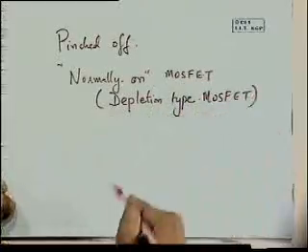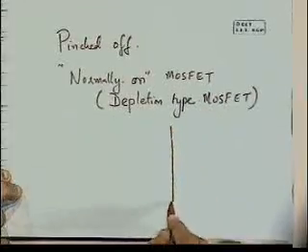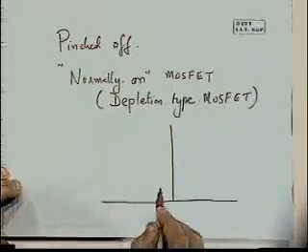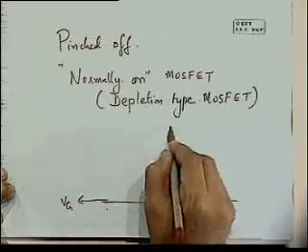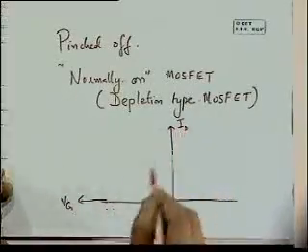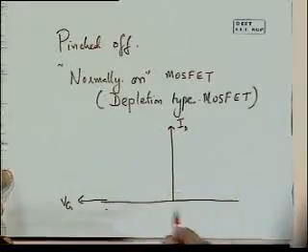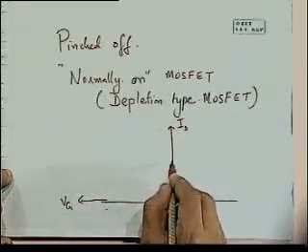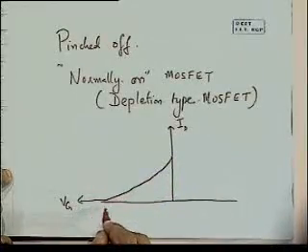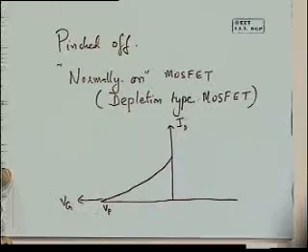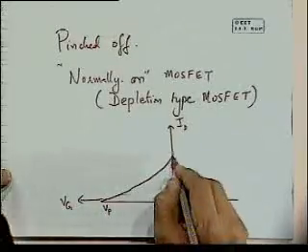And when we look at its characteristics, we will see that as we increase, this is gate voltage and this is the drain current flowing from source to drain. So as we go in the negative direction, we find that eventually at some voltage it gets pinched off. So no more current flows between source and drain.